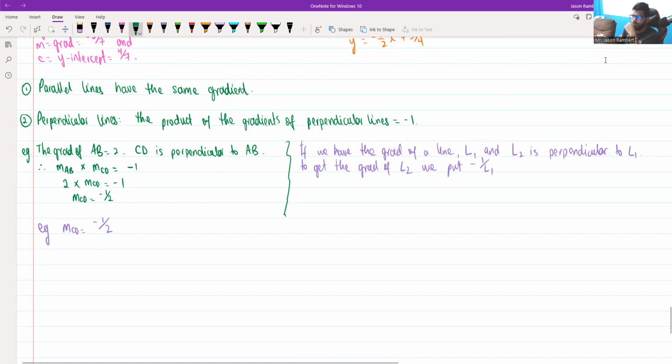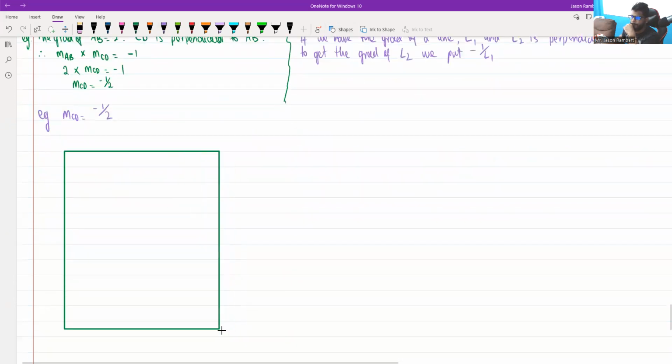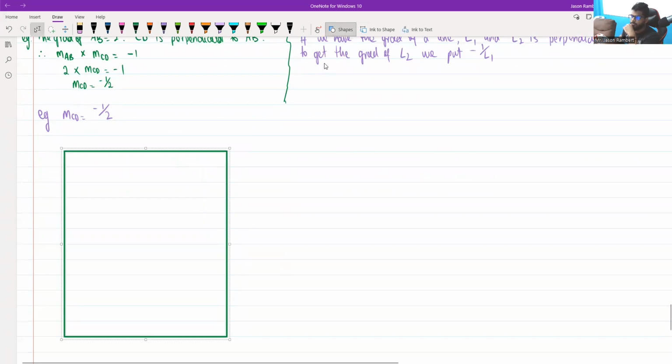So let me draw a little table here, and I'm going to put in some notes. We will have gradients of line, and perpendicular.